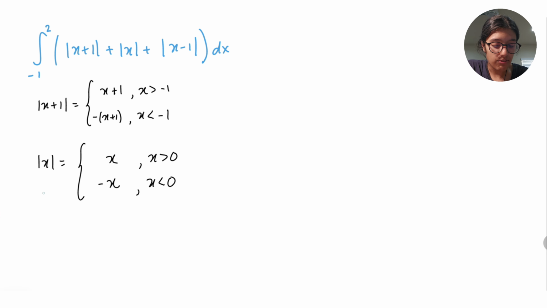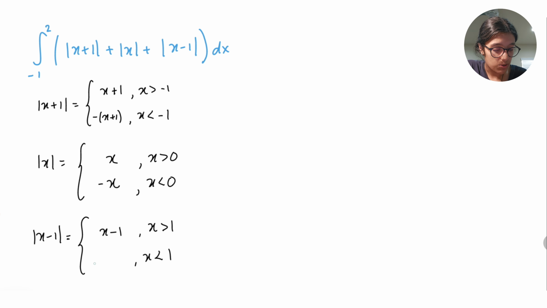And for our last absolute value, x minus 1, our critical point is going to be x equals 1. So we have two domains, x greater than 1 and x less than 1, and our expressions are x minus 1 for the first and -(x minus 1) for the second.